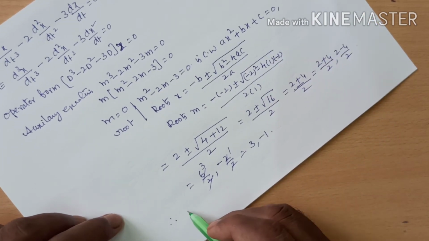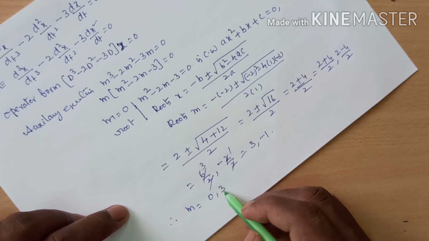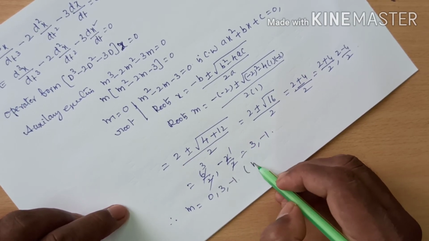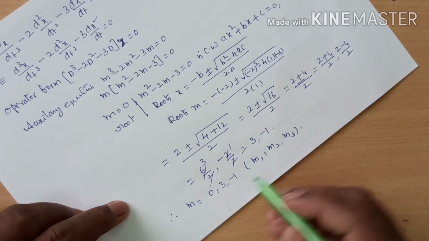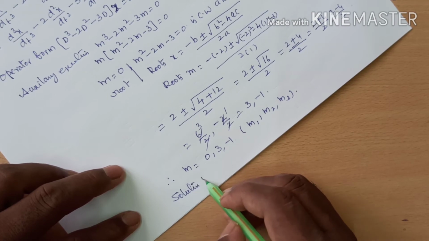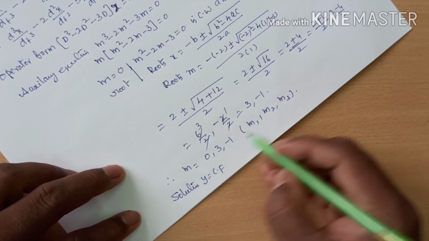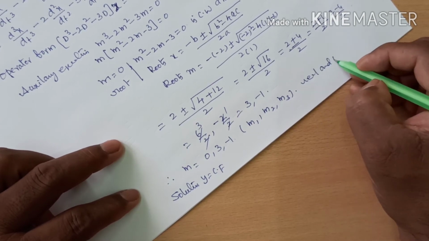Therefore, what are the roots? m equals 0, 3, minus 1. It is in the form of m1, m2, m3. Therefore, for the solution, the complementary function, all roots are real and unequal.